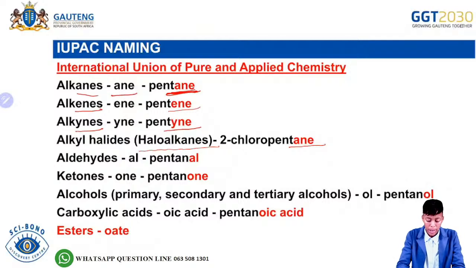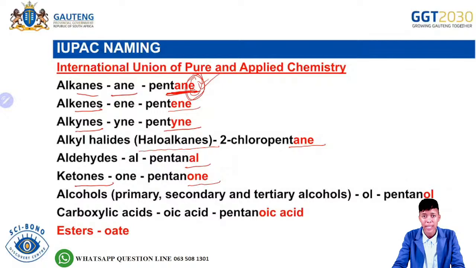If you have an aldehyde, you are going to replace the E of the alkane with "al". And for the ketones, if it was an alkane, you would have a pentane, but you would replace the E with "on" or "one".